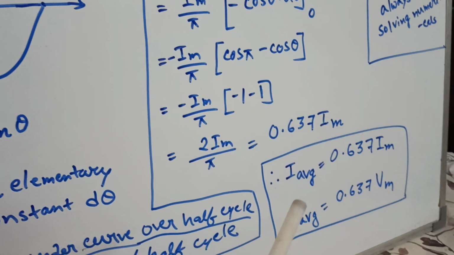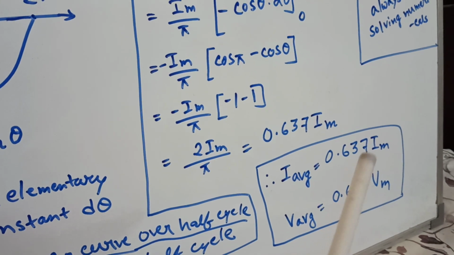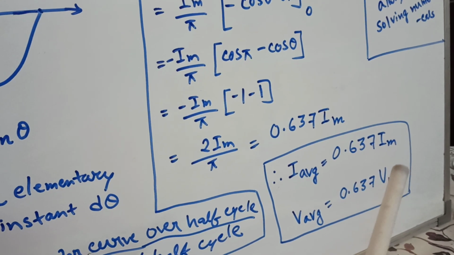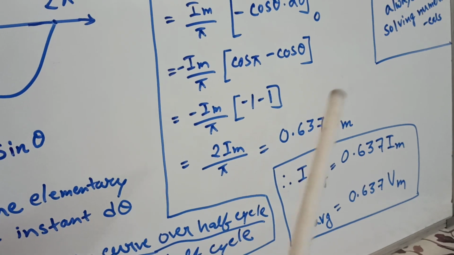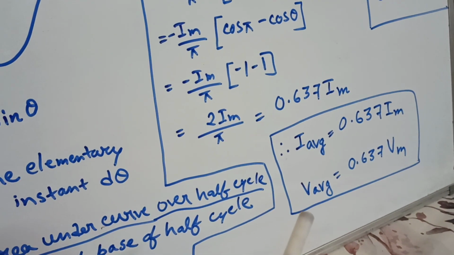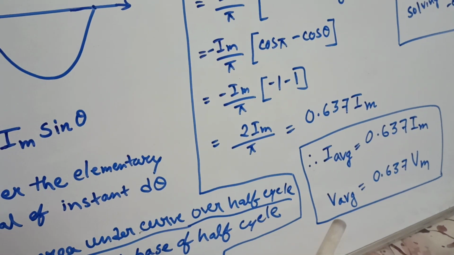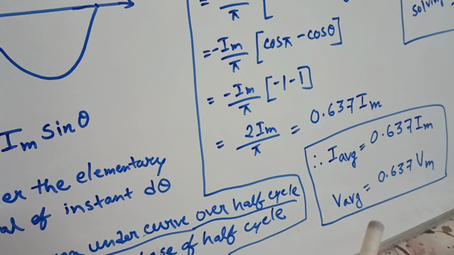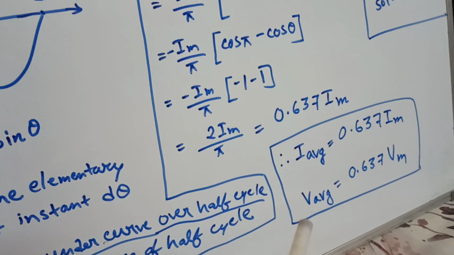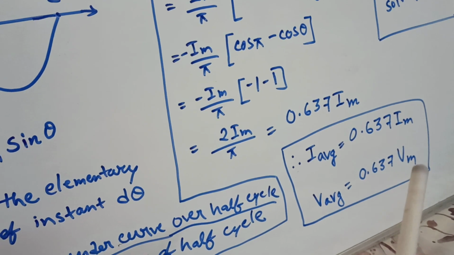So what can I conclude? I can conclude that I average is equal to 0.637 Im. This is for the current value. In the same manner, for the voltage, following the same steps, instead of Im I take Vm, and I end up with V average equals 0.637 Vm.